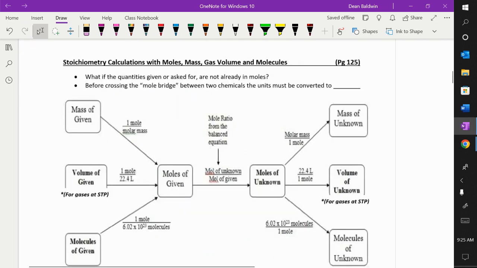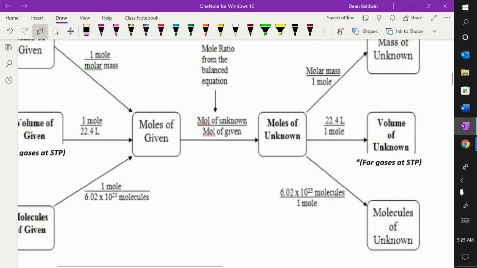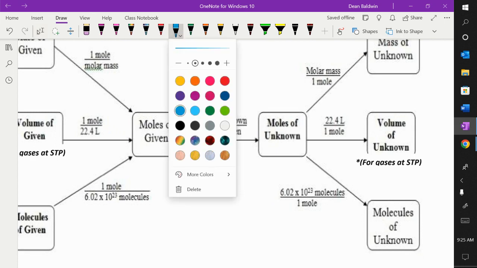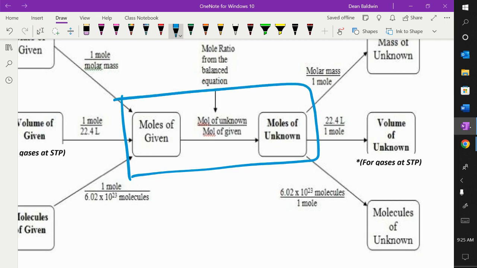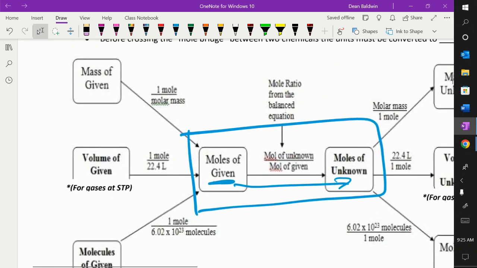All right. Remember, we talked quickly yesterday about the moles bridge, which is this bit right here, where you convert from moles of one thing to moles of something else. The moles bridge. So I had to give it to you in moles, but you don't always get moles. All the time when you weigh stuff out in the prep room, you're weighing it in grams, okay?